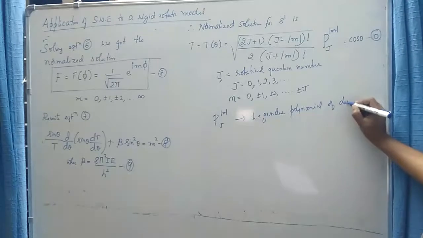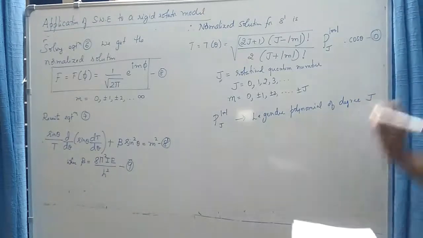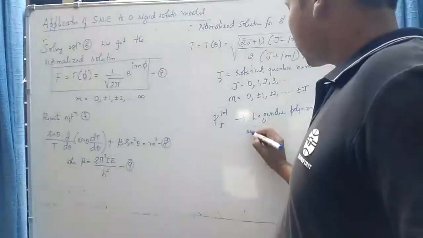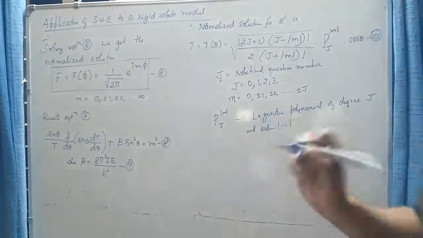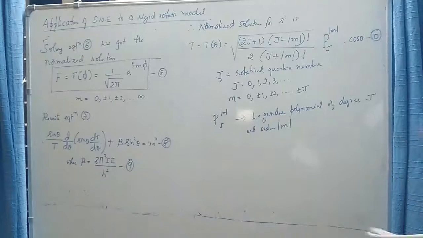It is a polynomial of degree j and order mod m. We will not go into the mathematics of this. It is some sort of polynomial. What we are interested in is just the final expression for the wave function and the final expression for energy.